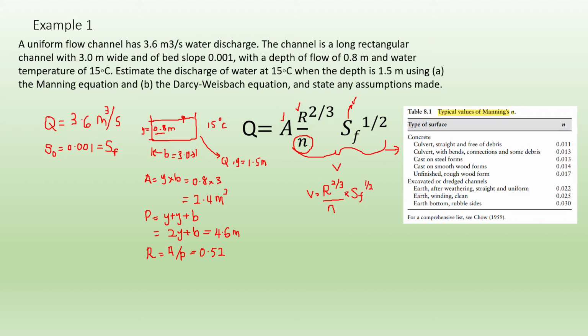We can find N already, or not yet, because we have to find V first.